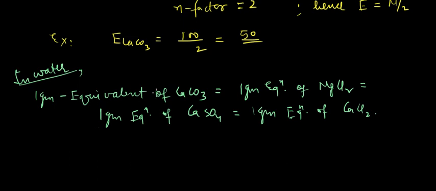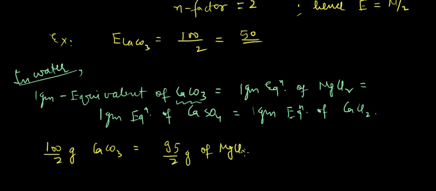Gram equivalent is nothing but the equivalent mass of any compound. So in water, the gram equivalent of CaCO3 is 100 by 2 grams of CaCO3, which equals 95 by 2 grams of MgCl2, which equals 111 divided by 2 grams of CaCl2.